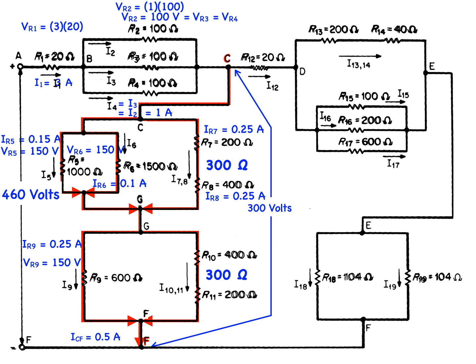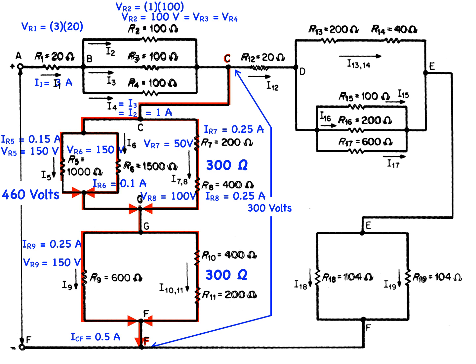We can now use Ohm's law to calculate the voltage drop across these resistors. V, R7, is equal to 0.25 times 200, or 50 volts. V, R8, is equal to 0.25 times 400, which is equal to 100 volts. Using the same logic, we can calculate the current through and the voltage drops across R10 and R11.